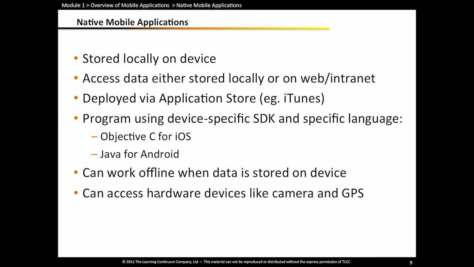Obviously, with the iPhone, those are the Xcode tools running inside of an OS X or Macintosh environment. Native mobile applications can work offline with data on the device, or they can reach out to data stored on a corporate or web server via RPC or web services.